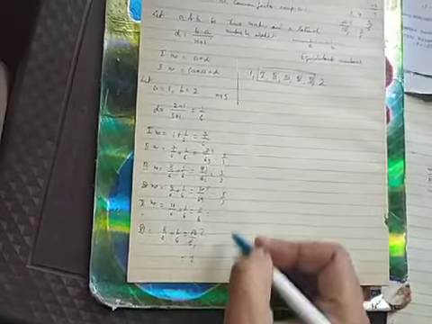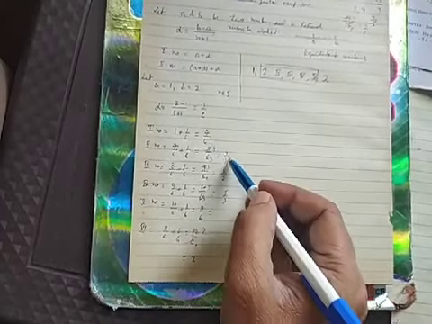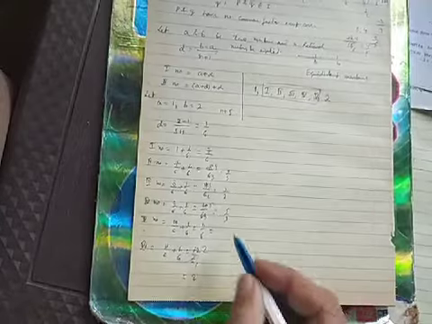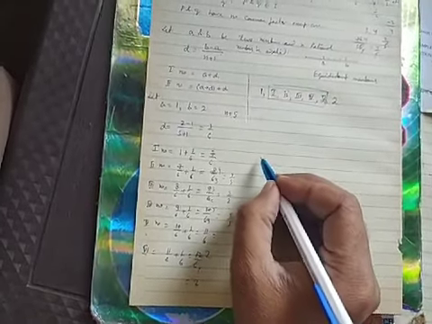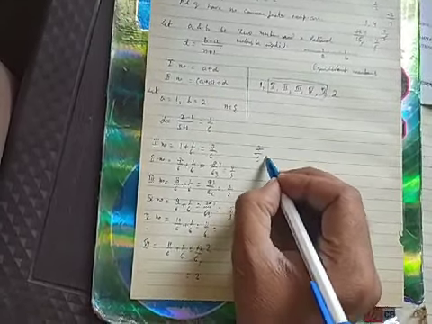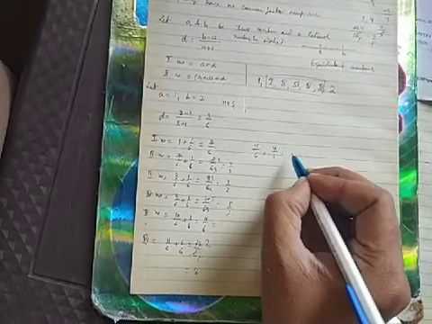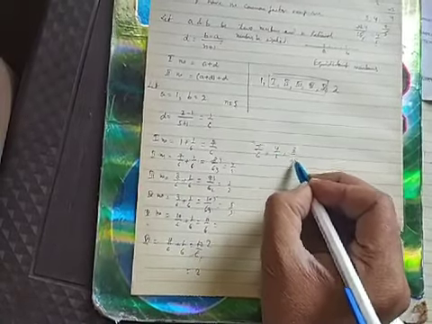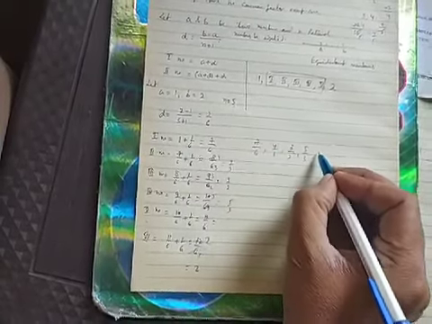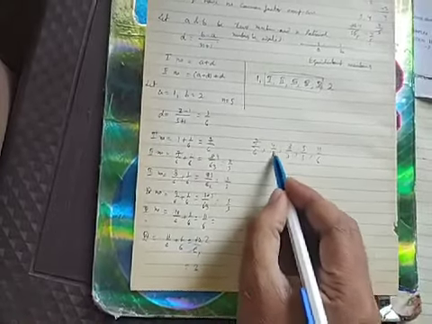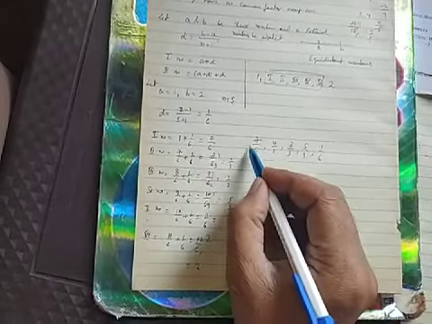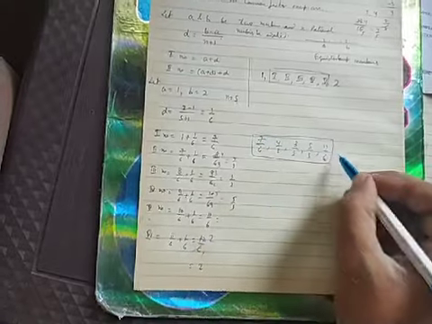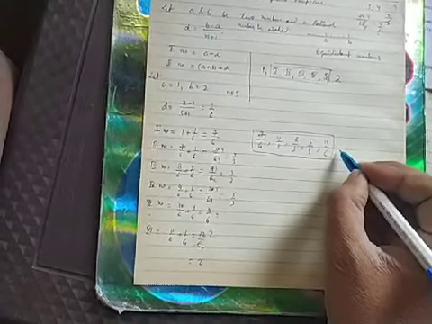When you write the final answer, it must be perfect rational numbers. Your required numbers would be 7 upon 6, 4 upon 3, 3 upon 2, 5 upon 3, 11 upon 6, 1, 2, 3, 4, 5. This is your answer. This will be a perfect calculation.